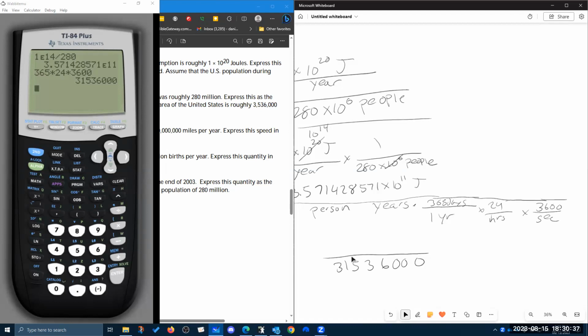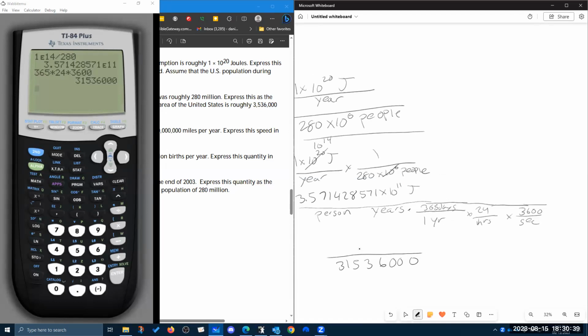In our numerator, we have 3.571428571 times 10 to the 11th. This is now per second instead of per year.